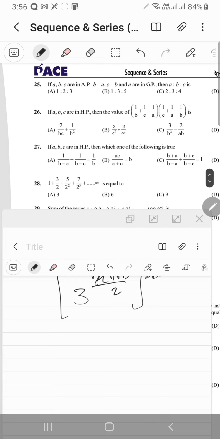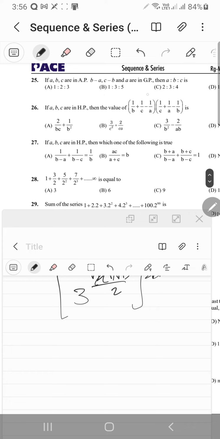If A, B, C are in AP, and B minus A, C minus B and A are in GP, then what is A is to B is to C? Well, that means C minus B squared equals B minus A, which is just the difference, and C minus B, which is also just the difference. But how can that make sense?